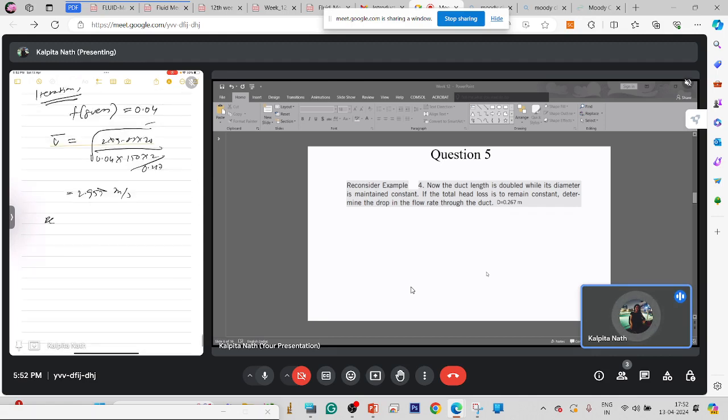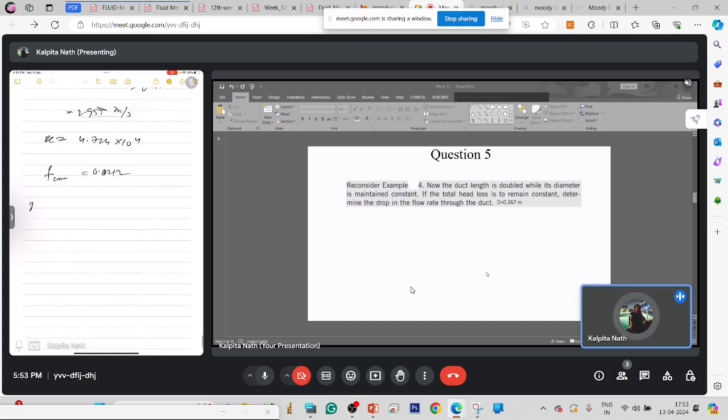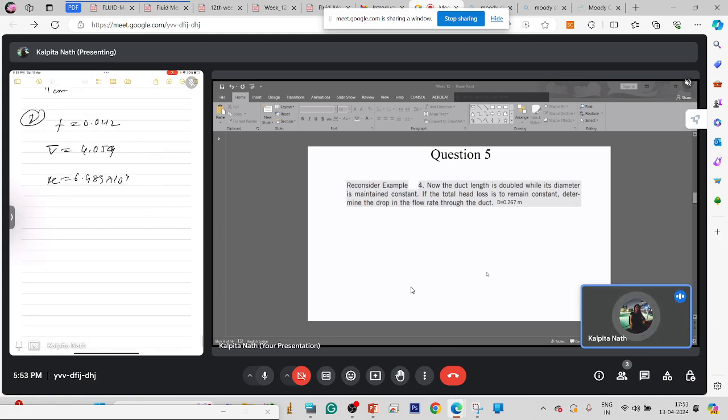The Reynolds number came out to be 4.724 into 10 to the power 4. From the Moody chart, the corrected f value is 0.0212. Now iteration 2: f is equal to 0.0212, average velocity is 4.059, Reynolds number is 6.489 into 10 to the power 4, and f corrected is 0.01973.